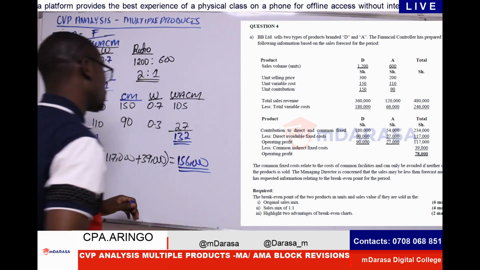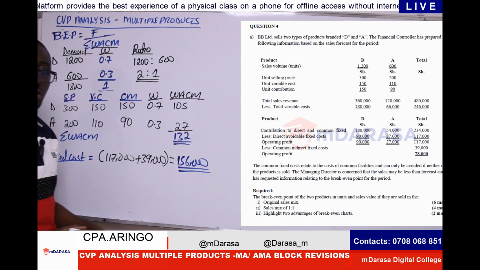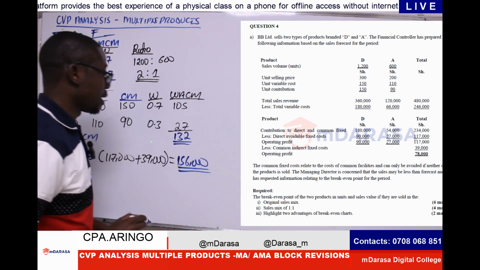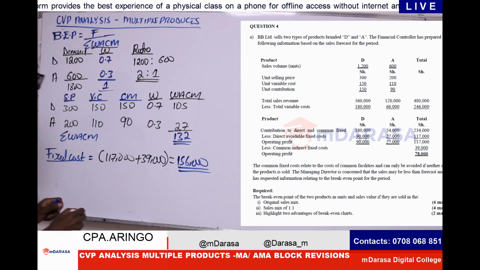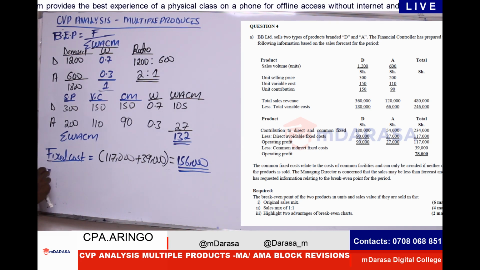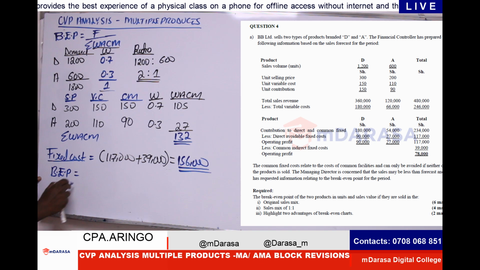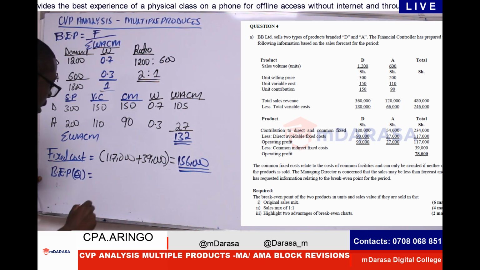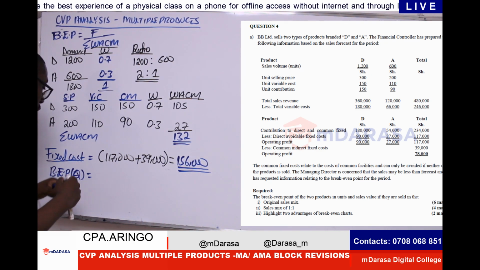Once we have our fixed cost and our weighted average contribution, can we now determine our break-even point? Yes, we can. So the break-even point in units for the two products combined, for the whole company, I'll be having the fixed cost of 156,000.